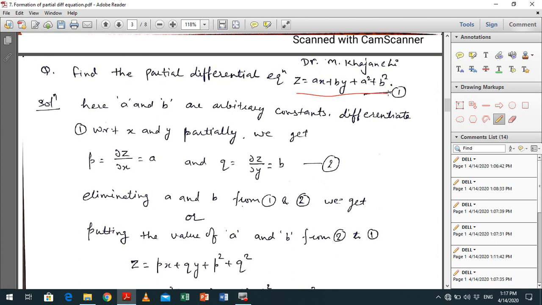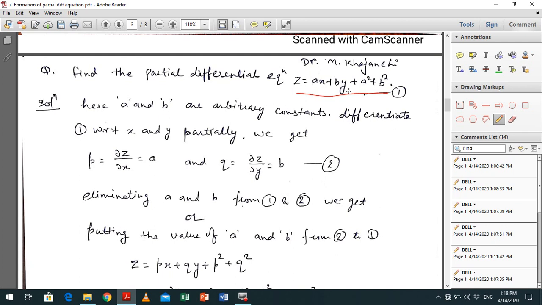Here a and b are arbitrary constants, and to derive the partial differential equation we are to eliminate a and b. To eliminate a and b, first we differentiate z with respect to x and with respect to y partially.